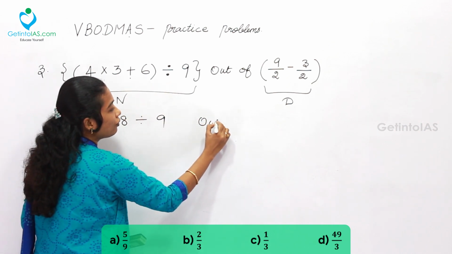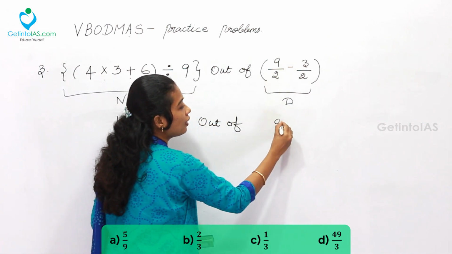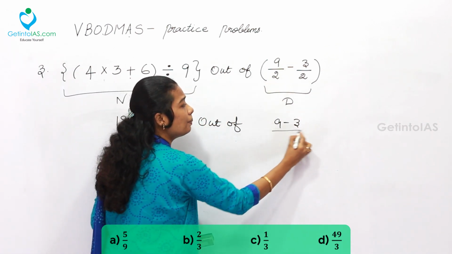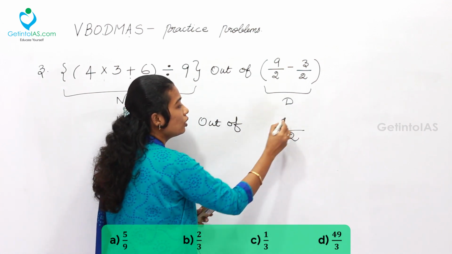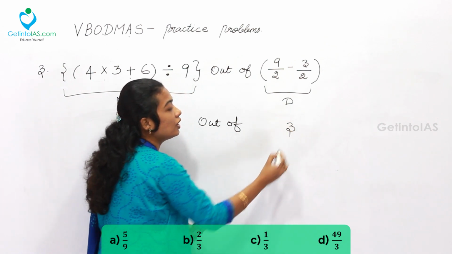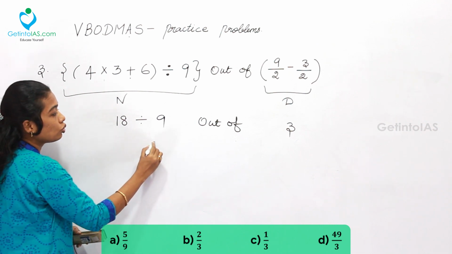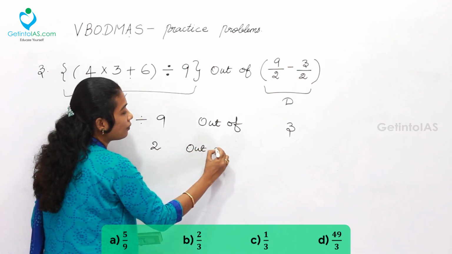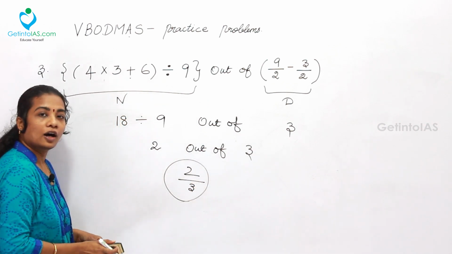So what is the value in the denominator? 9 minus 3, which is 6. 6 by 2 is 3. So in the denominator, 3 will be there. In the numerator, 18 divided by 9 is simply 2. So 2 out of 3, which is simply 2 by 3, and that is my answer.